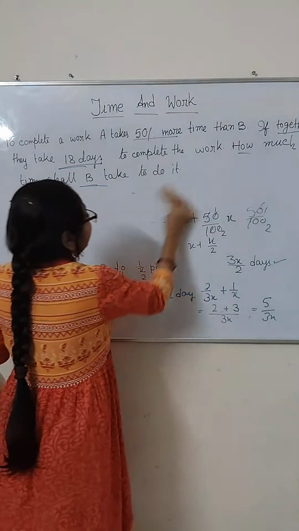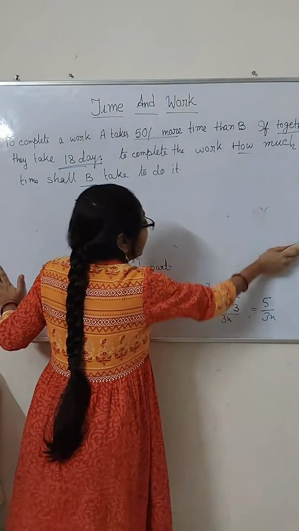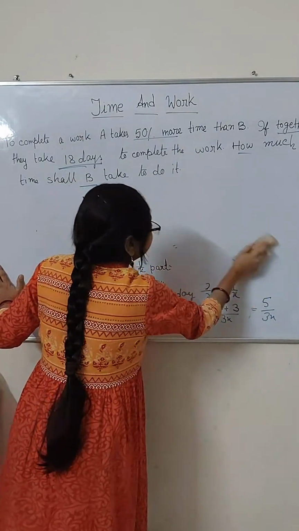I found out A and B together in 1 day, how many parts they do? 5 by 3x.